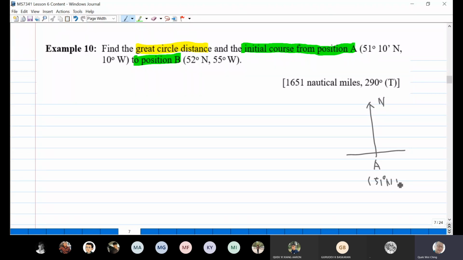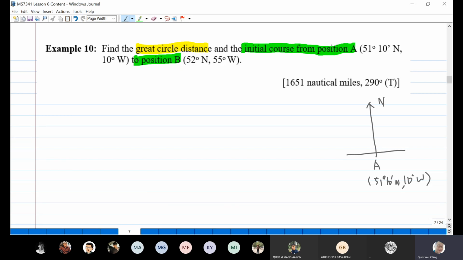A is 51 degrees 10 minutes, A is this point, and 10 degrees west, this point here. B is another point, 52 degrees north, 55 degrees west.